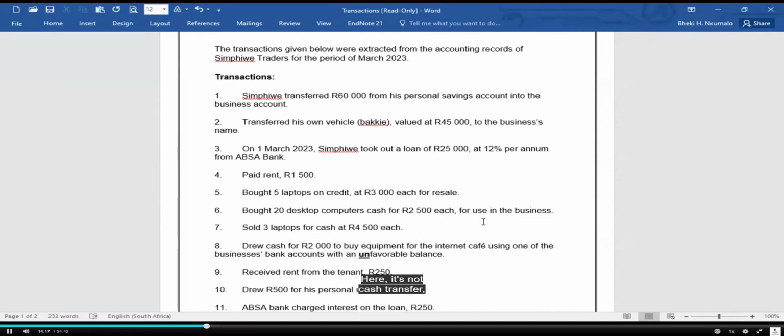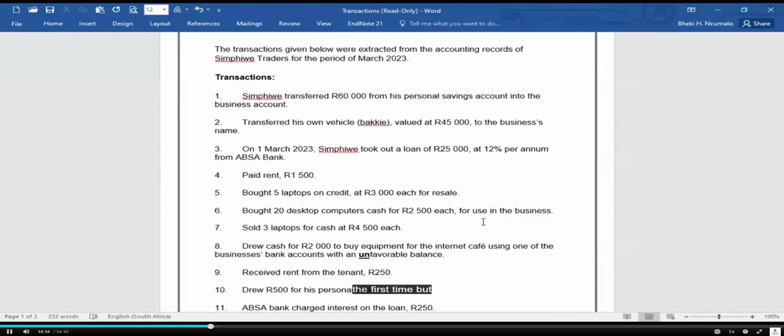Yeah, if you're doing accounting for the first time, then you write bakkie in the test. Yes, I'll mark that because you're doing accounting for the first time. But the correct account, you call it vehicle, it's an asset. It is adding on asset as well as the owner, the equity of a business will increase. The value of an asset will increase, or the worth of an asset will increase.